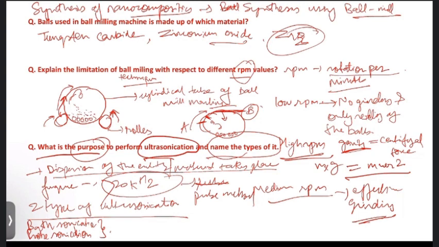But what is the purpose of ultrasonication? Why do we do it? By localized heat and pressure, we can. Do you understand the ultrasonication? We are using sound waves, right? What are those sound waves doing to your sample? To disperse that sample, ultrasonication waves were used.